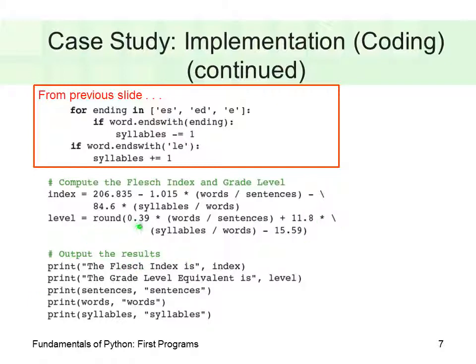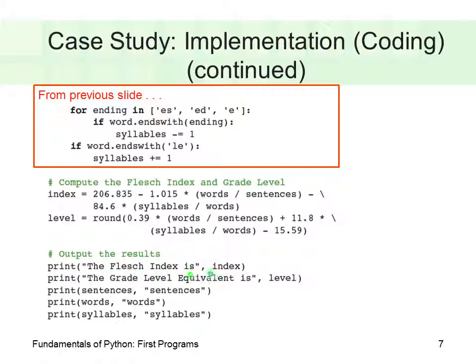We have the words per sentences factor for level. We have here the syllables per words factor for level, and we see the term for level. So you would have to make each of these, unless you wanted to get points off, a named constant, not a magic number. Finally, we'll be outputting the results.